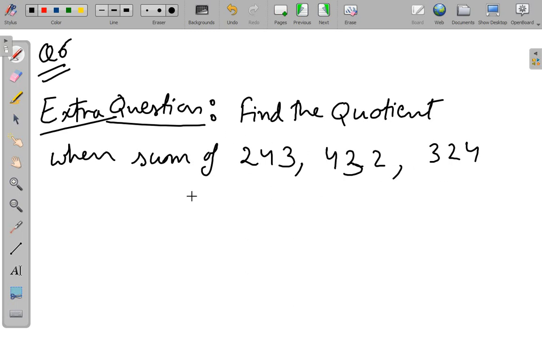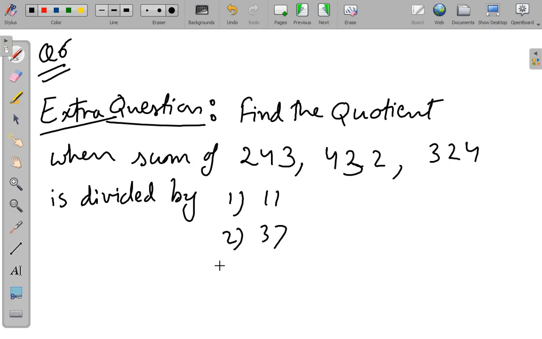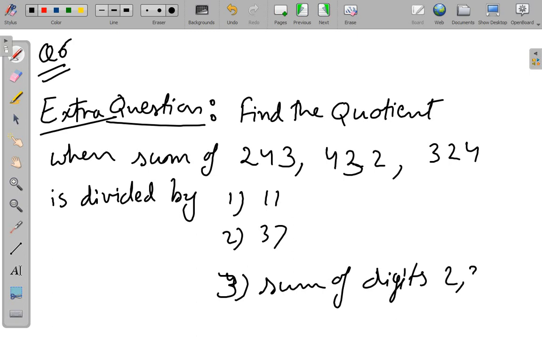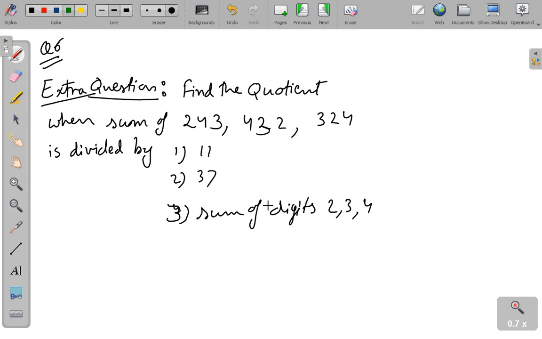So we have to find the quotient when the sum of numbers is divided by 111, 37, and third is the sum of digits 2, 3, and 4. Let us see what is happening this time.